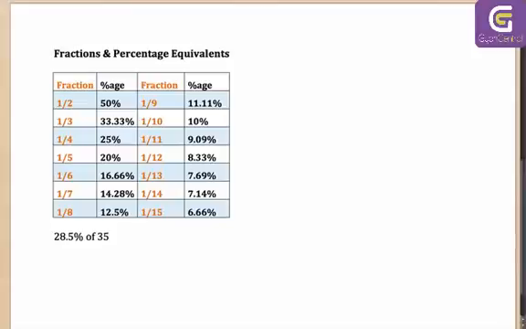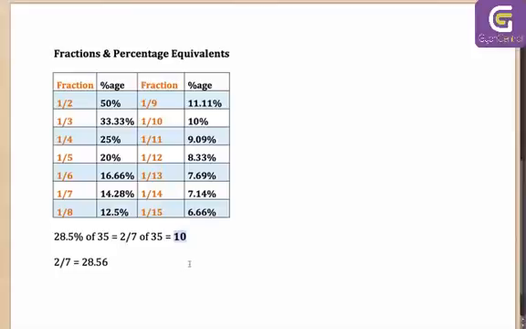Now this looks like a difficult calculation, but if you know 1 by 7 is 14.28, you can do this in your head. 2 by 7 will be roughly 28.56, and 28.56 is terribly close to 28.5, which means instead of calculating 28.5% of 35, you can simply calculate 2 by 7 of 35, which comes out as 10.